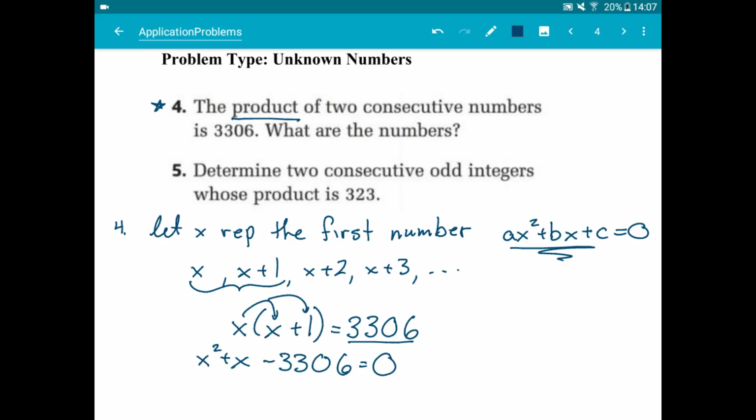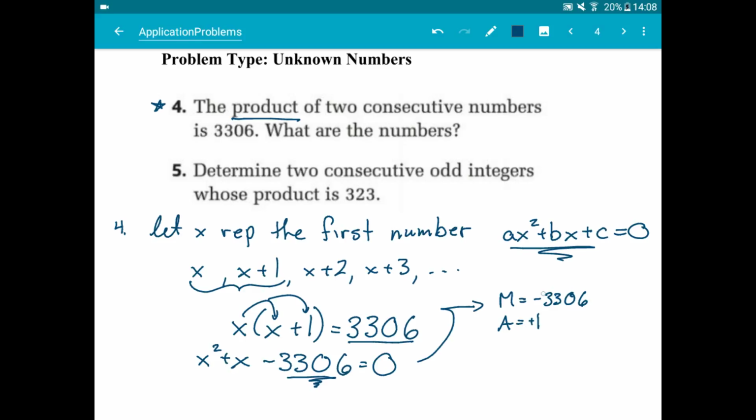Now this is factorable. It depends on your comfort level with factoring whether this looks factorable to you. What I would do first is look at what the square root of this is. The reason I'm looking for that is we're looking for two numbers that multiply together to give you minus 3,306 and add together to give you plus 1.